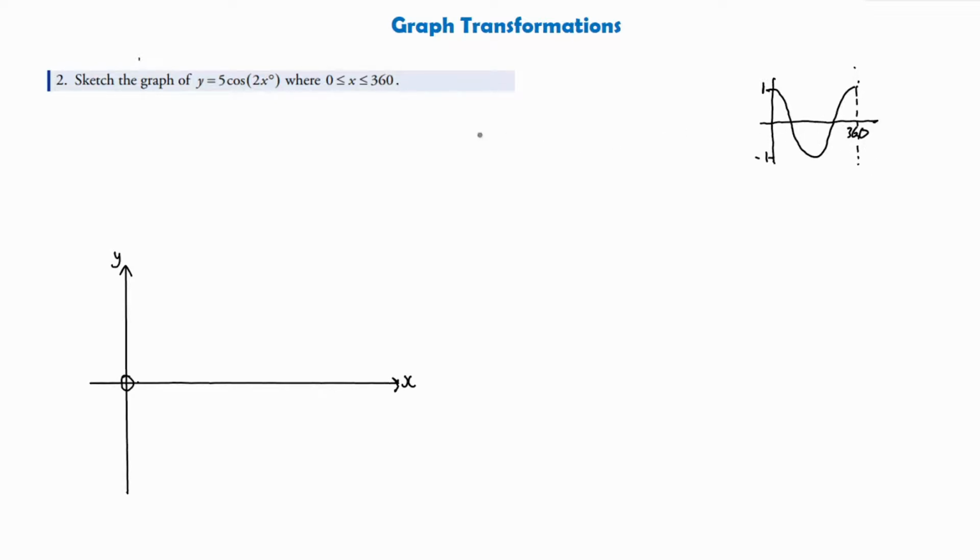It's important we know this because it looks like we're doing some sort of scaling. And as we remember, we need to start with any reflections. Luckily for us, we don't have any reflections because we've not got a negative. However, we do have some 5 cos 2x. So we've got a 5 on the outside. Now, what did we do when we had a 5 on the outside of our function?